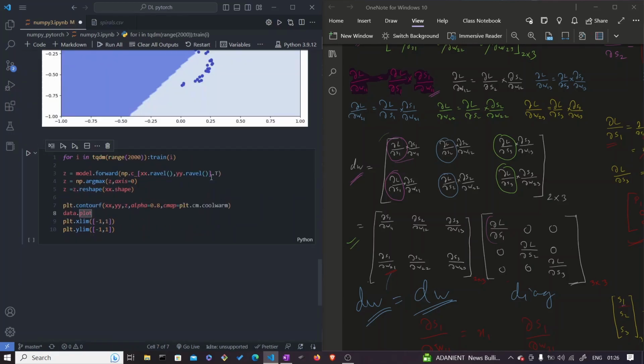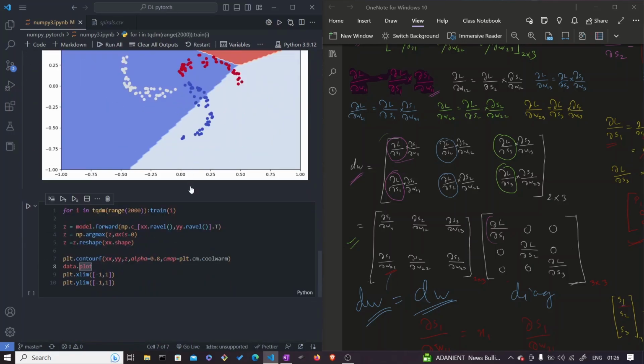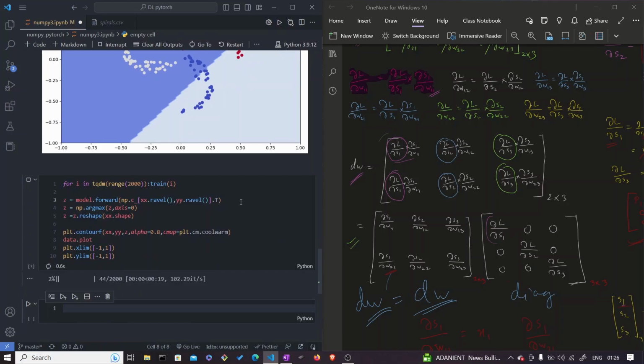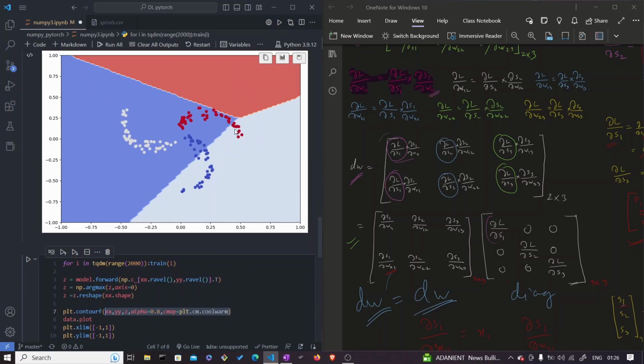And if I run this cell, this is what it looks like. And if I run this one, this will train the model, and you can spot the difference clearly. I have used 2000 epochs. I hope that will be enough. And contour to plot these sorts of decision boundaries, you know.